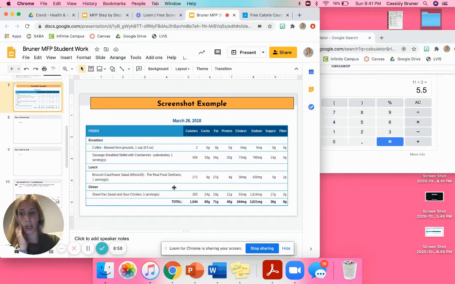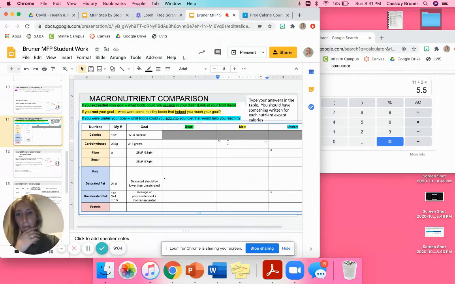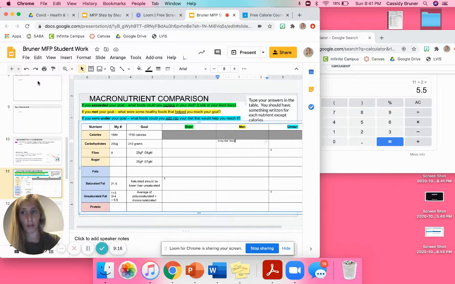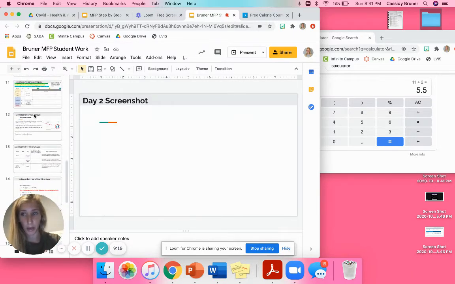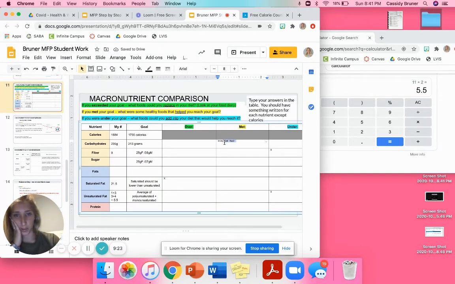So you're going to go back to the screenshot that you put on these slides and discuss, okay, I met my goal for carbs. What did I eat that helped me reach that goal? In my diet, I had blah, blah, blah. You are going to find that on the screenshots that you put. So there's that. Then I would have that information there.